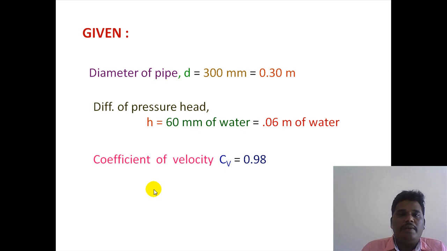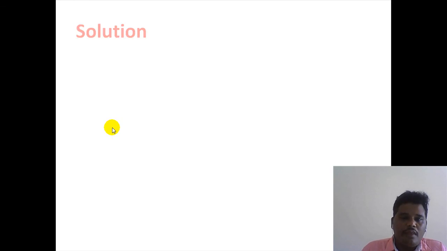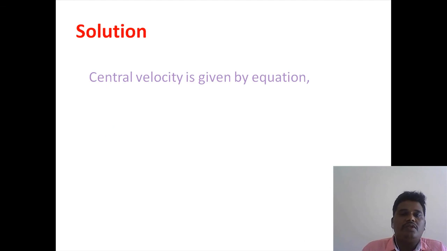Come to the solution. How to solve it? Central velocity is given by an equation. We know that the actual velocity of a Pitot tube is V1 = Cv root 2gH.